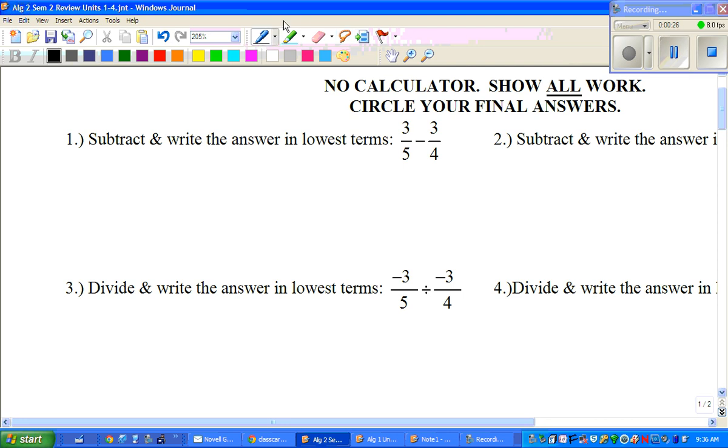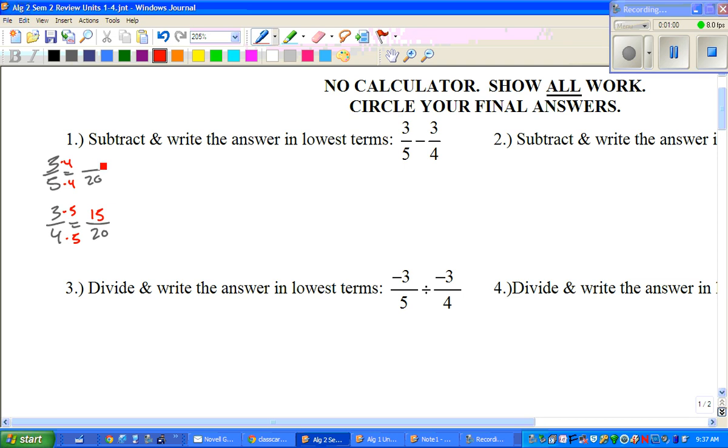Okay? All right. For number 1, it says subtract and write the answers in lowest terms. Now, when I look at these right away, I notice that they're not the same denominators, okay? And to do this, we need to have common denominators. So I'm looking for numbers that both 4 and 20 go into, and that is 20. 4 times 5 gives us 20, so 3 times 5 is 15.